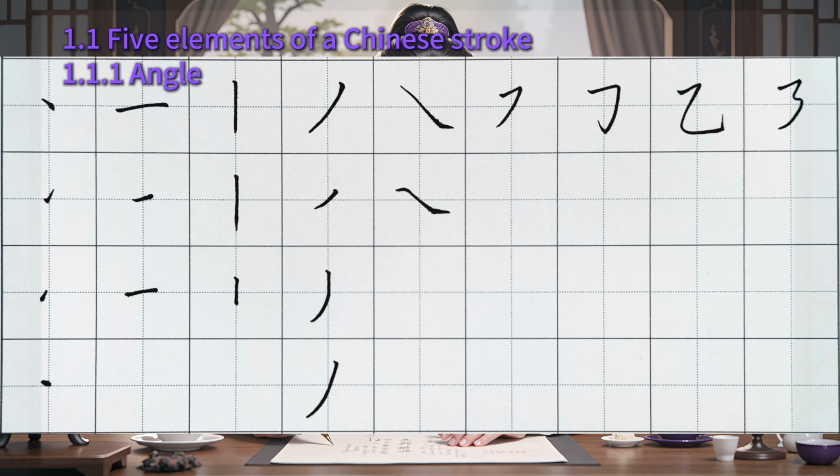First is angle. Different strokes have their own angle. For example, the horizontal stroke, called Heng in Chinese, has a horizontal angle, and the vertical stroke, called Shu in Chinese, has a vertical angle. The left falling stroke, called Pie in Chinese, has a lower left angle, and the right falling stroke, called Na in Chinese, has a lower right angle.